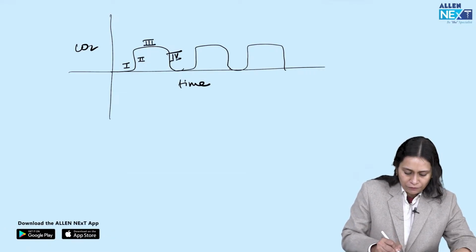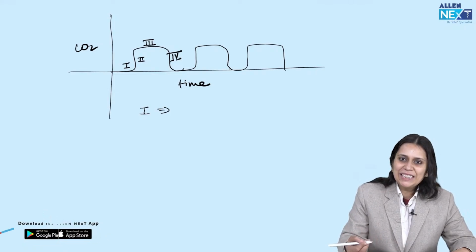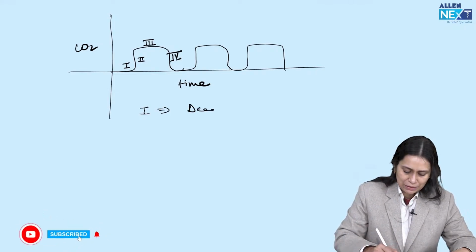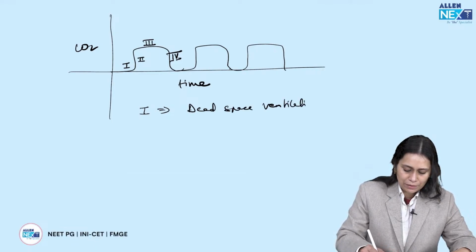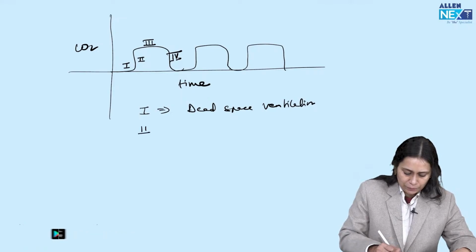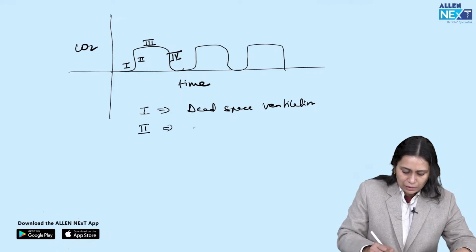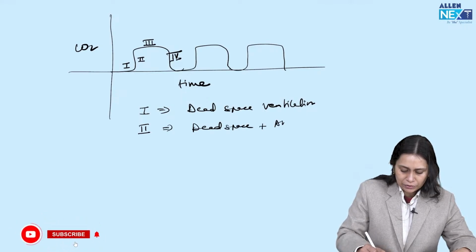Now phase 1, what does it represent? Phase 1 represents dead space ventilation. Phase 2 represents dead space plus alveolar ventilation.